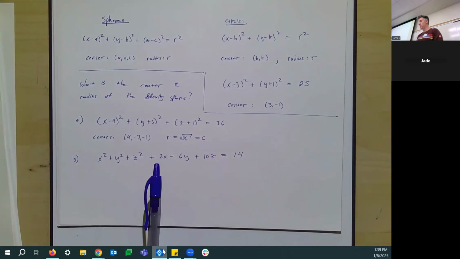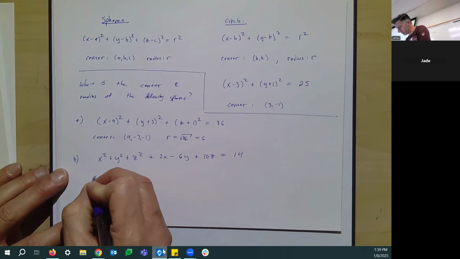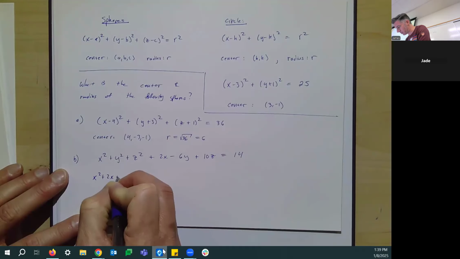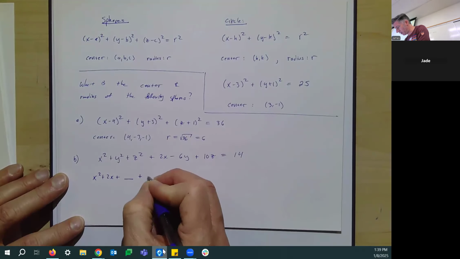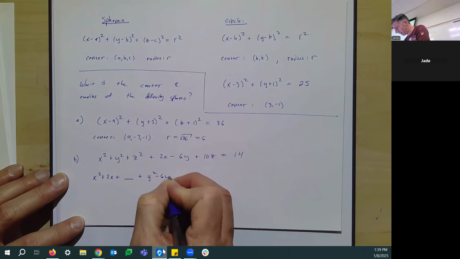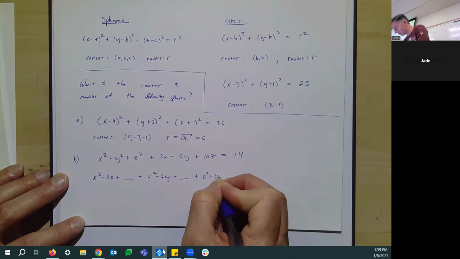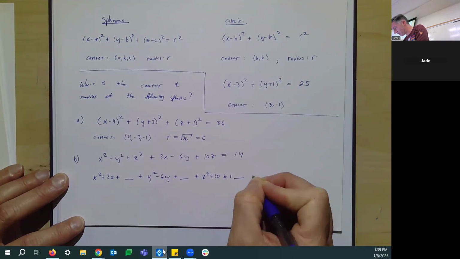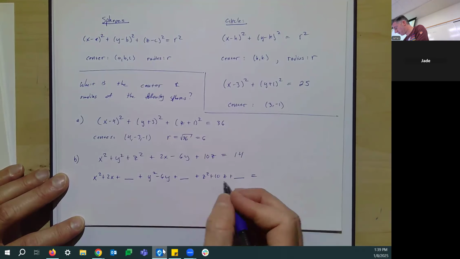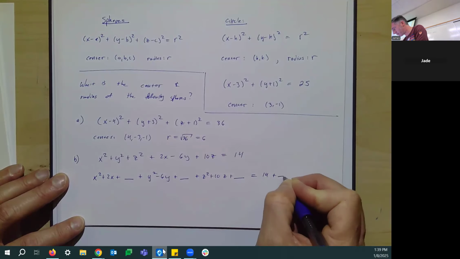So to change this to being written in the standard way, we're going to group our like variables together and then leave ourselves some space to complete the square. So we're going to say that we have x squared plus 2x plus some space, and then y squared minus 6y and some space, and then z squared plus 10z and some space equals 14. If we add things on the left, we're also going to add them on the right.